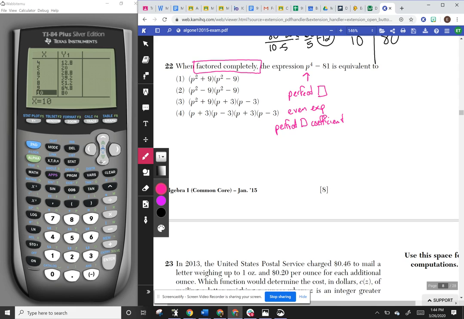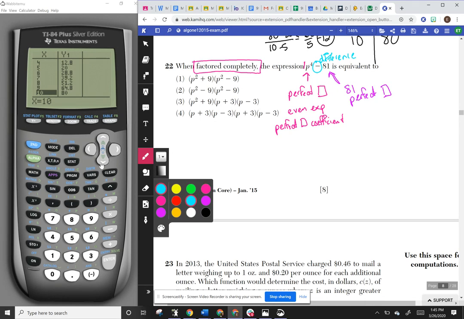In this case, that perfect square coefficient is just an imaginary 1. I also know that 81 is a perfect square, right, because the square root of 81 is 9. So that's a perfect square. And this is the difference, because we're subtracting.